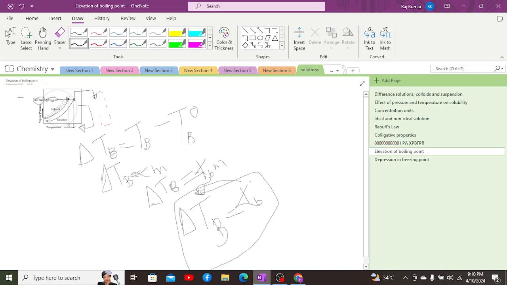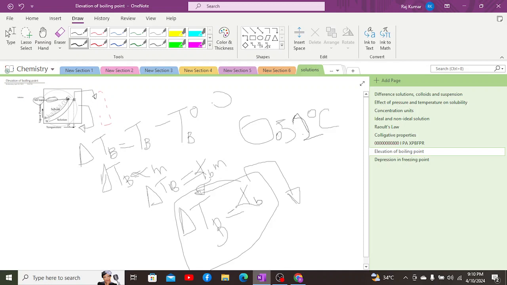At that moment, we consider the elevation in boiling point equal to the ebullioscopic constant, and the ebullioscopic constant for water is 0.52, such that for a 1 molar solution of a solute in water, the boiling point elevation would be 0.52 centigrade.